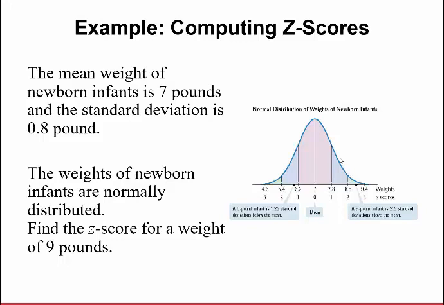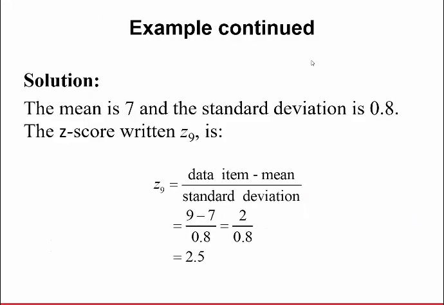So let's do an example. Computing Z-scores: the mean weight of a newborn infant is 7 pounds with a standard deviation of 0.8 pounds. The weight of newborn infants, we were told, is normally distributed. So let's find the Z-score for a baby that weighs 9 pounds. We know the mean is 7 pounds and the standard deviation is 0.8 pounds.